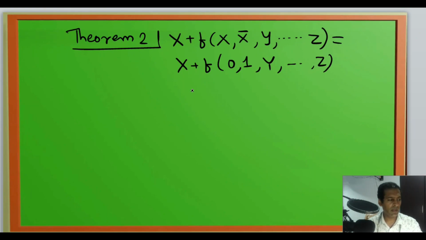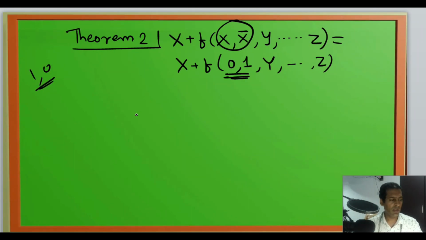This theorem states that if a function containing terms in x and x bar is added with x, then all the x's and x bars in the function can be replaced by zeros and ones. Previously we replaced by ones and zeros.